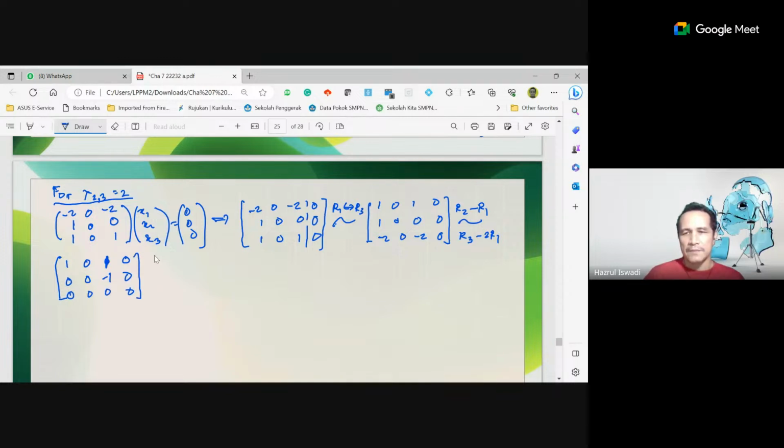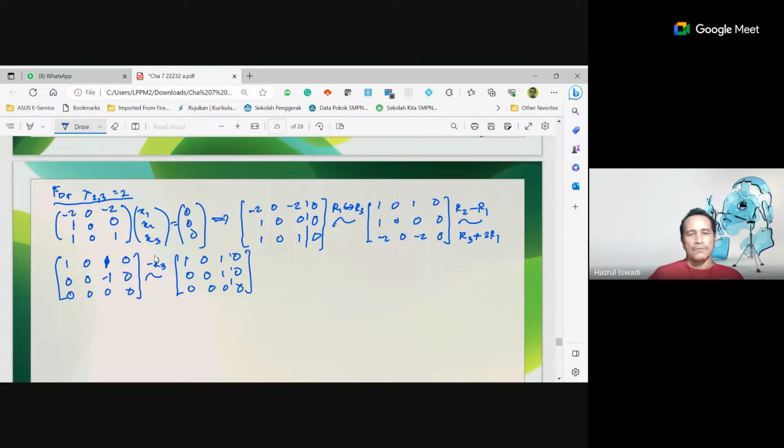Plus, not minus, plus. The next is minus R3 to make it a reduced row echelon matrix: 0, 1, 0, 0, 0, 1, 0, 0, 0, 0, 0.